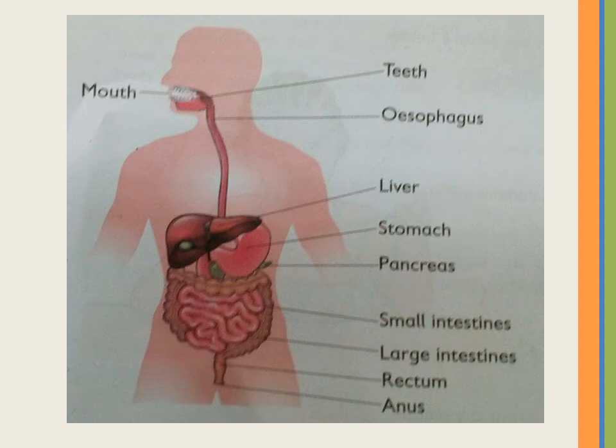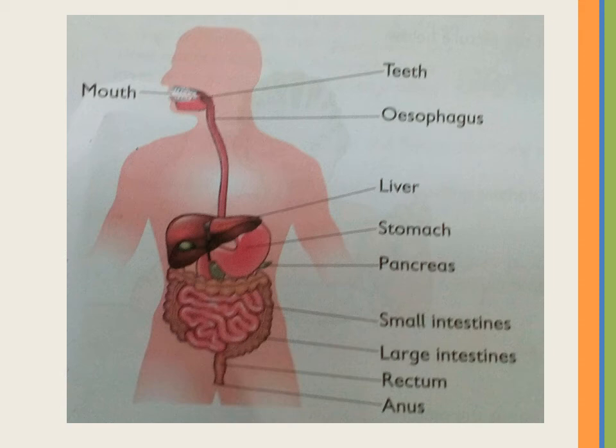Food mixed with the other digestive juices enters the small intestine. The liver produces bile. The bile breaks down oils and fats into small particles.